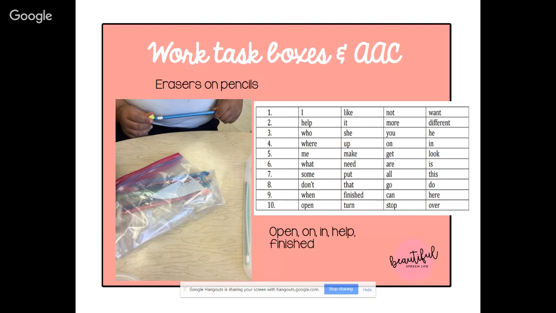Then we take an eraser and put it on, and we do that with each one. I show them the whole thing. Then we're going to put it in the box. If we need help, we can ask for help. We put the lid on, and then we say we're finished. So this has been really cool, teaching a lot of core, and they feel like they're doing some work, and it's important, and it's functional.